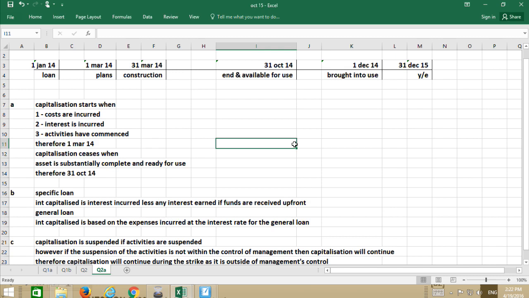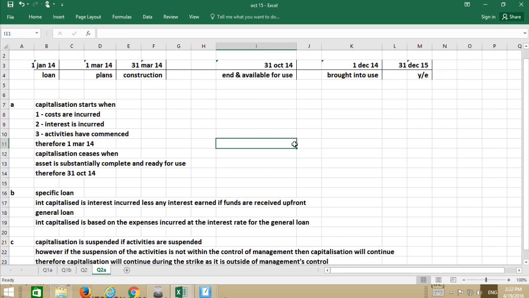Question B asked you between the specific and the general, which basically was what I was telling you before. So with the specific loan, interest capitalized is interest incurred, less any interest earned if the funds are received up front. On a general loan, it's based on the expenses incurred at the interest rate for the loan. Then C asked you, what would happen if there was a 10-day strike?